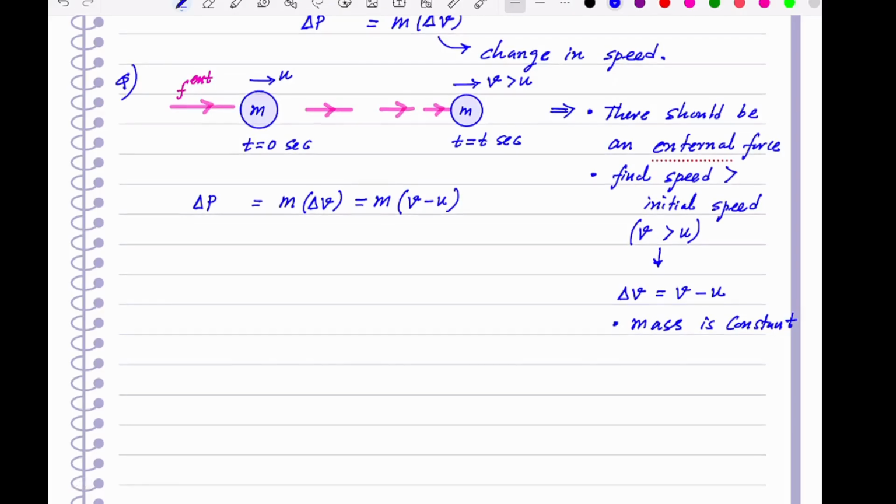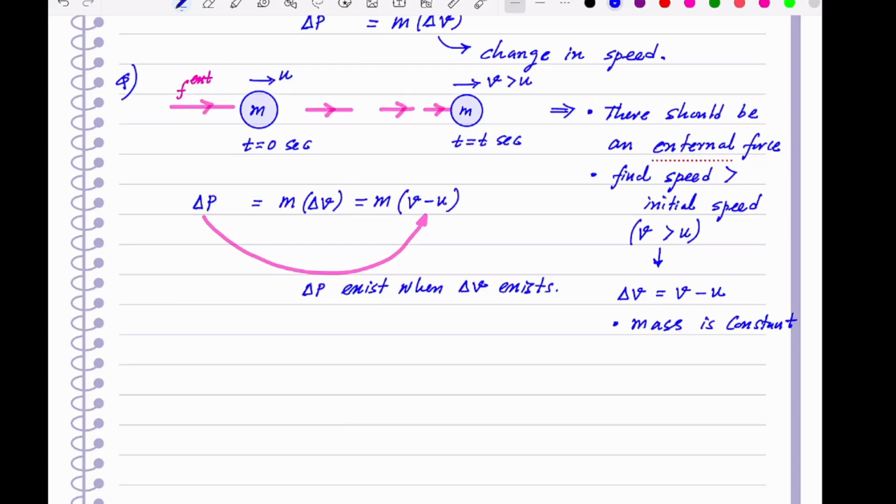If you carefully look into this equation, you can see momentum difference exists if there is a speed difference. Delta p exists when delta v exists, right?